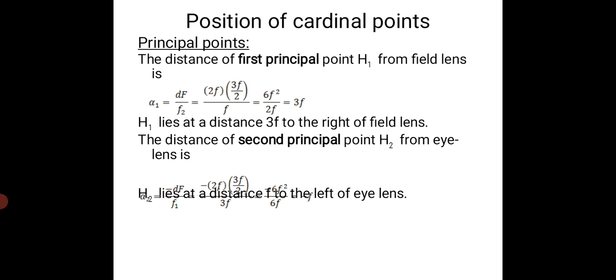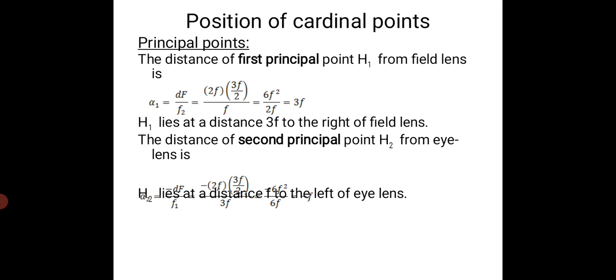Now, we will think about the cardinal points. You know that cardinal points are the points on the principal axis with which we can find the position of the final image easily with different coaxial lens systems. So, here first we will see the principal points.